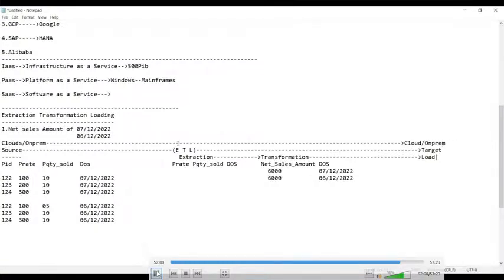That is called Azure Data Factory, which is a service provided by Microsoft.